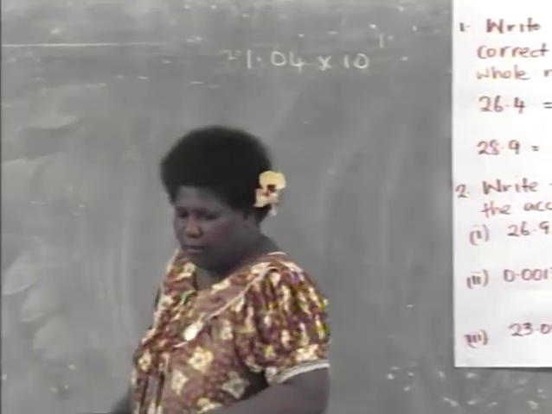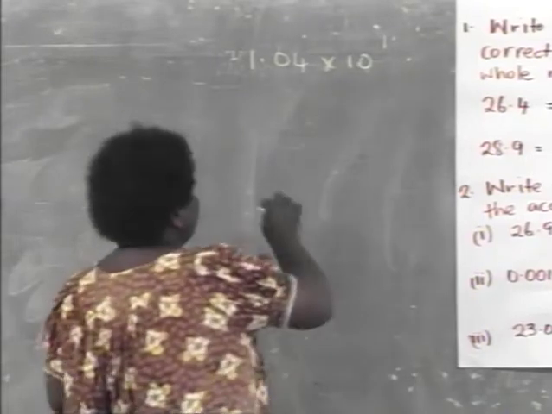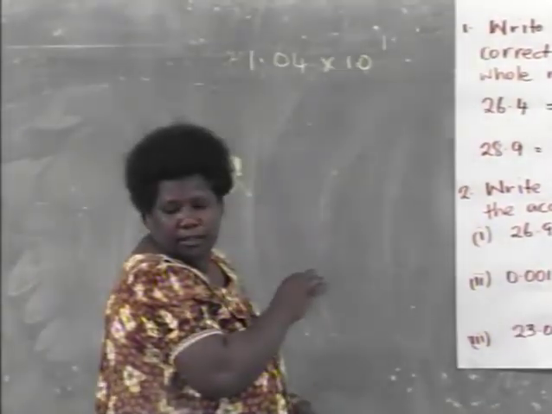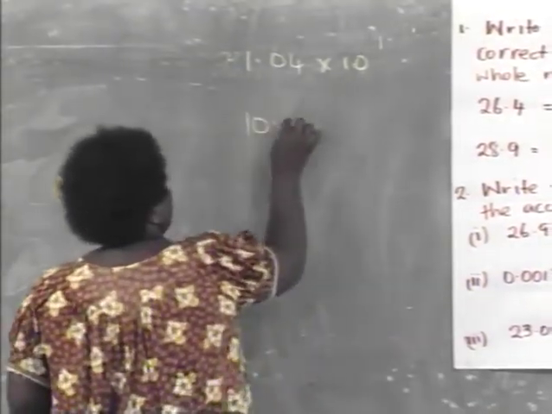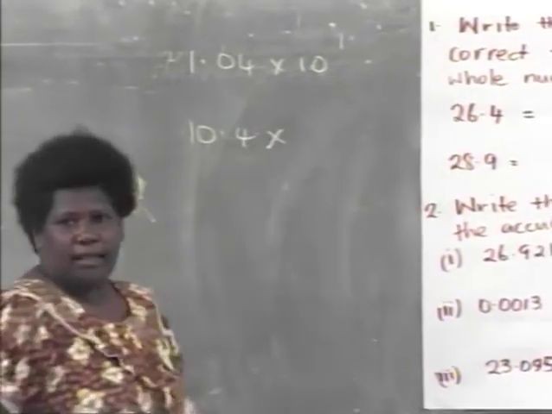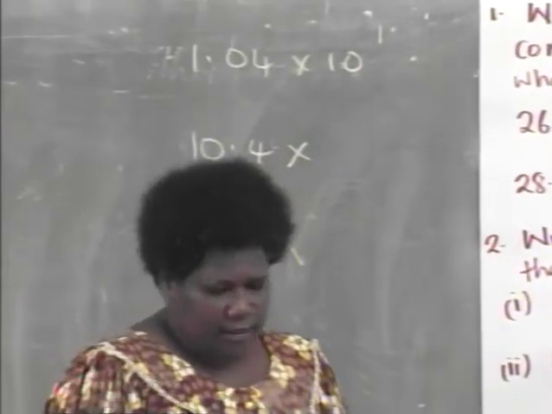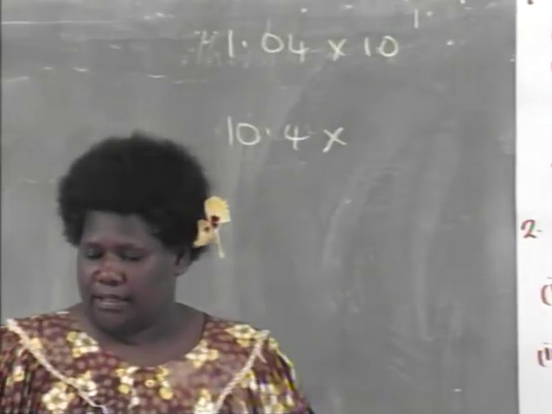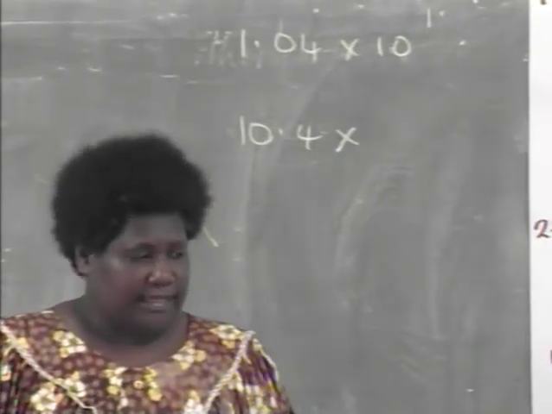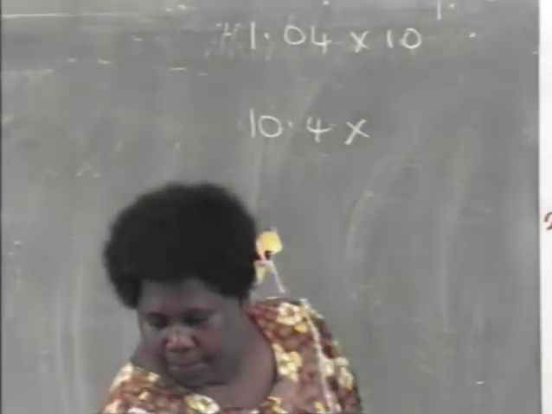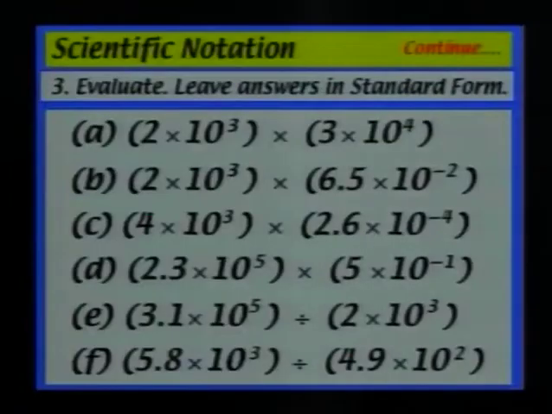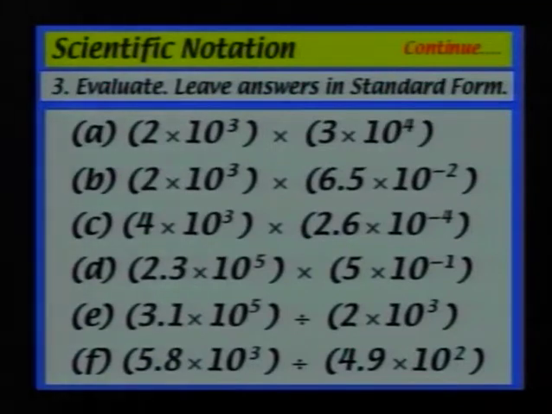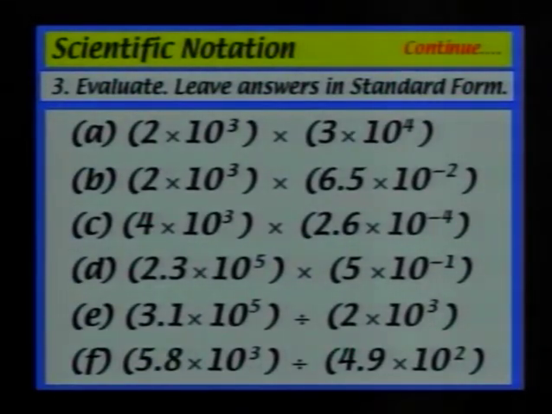Okay. 4 times 2.6 is 10.4. This is letter C. So it's 10.4 times, then you add the indices, which is 3 plus negative 4, giving negative 1. So it will be 10.4 times 10 to the power of negative 1.